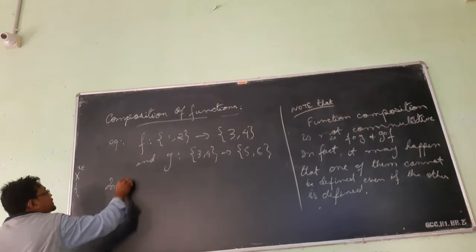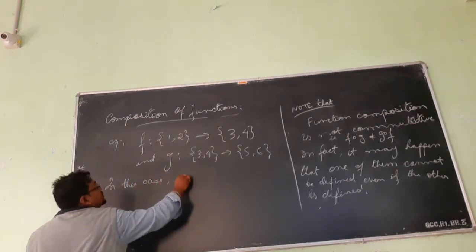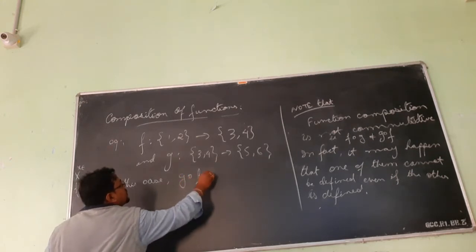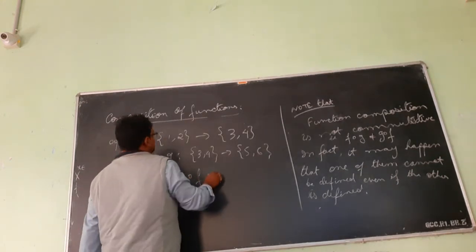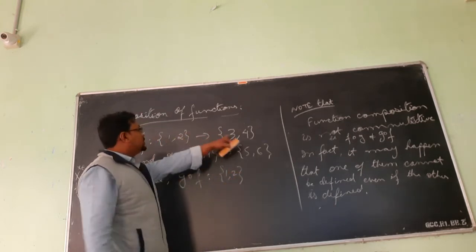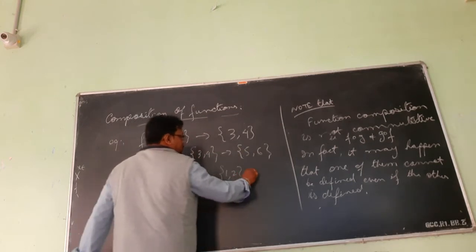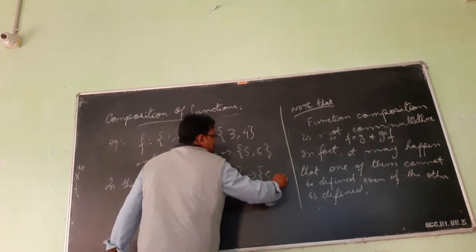In this case GOF is defined. f goes from here to here, and then g goes from here to here, so GOF goes from {1, 2} to {5, 6}.